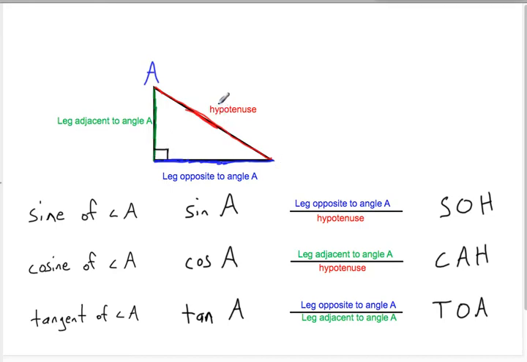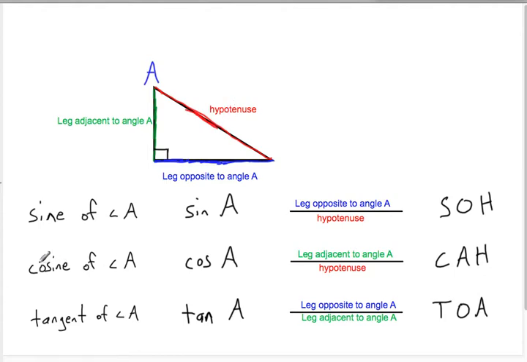And so the ratios, since they're always the same no matter how big or how small the triangle is, as long as we know what this angle is, the ratio of the opposite to the hypotenuse, so the blue over the red, is always going to be the same. We call that sine. So the sine of angle A is always going to be the ratio of the opposite over the hypotenuse.